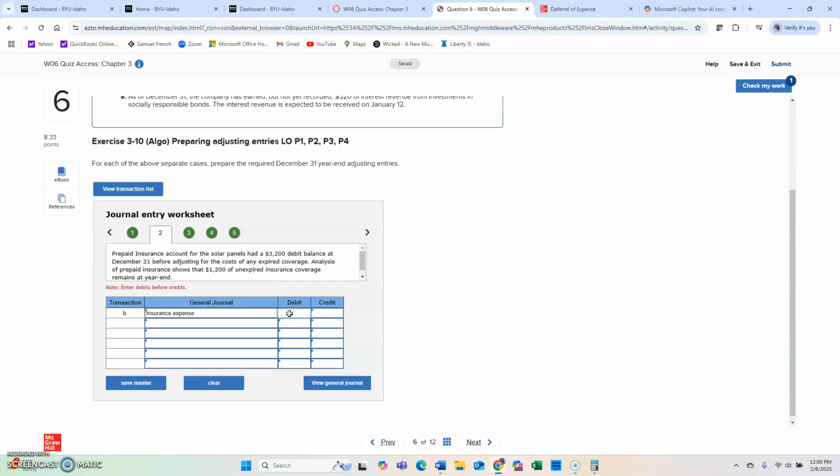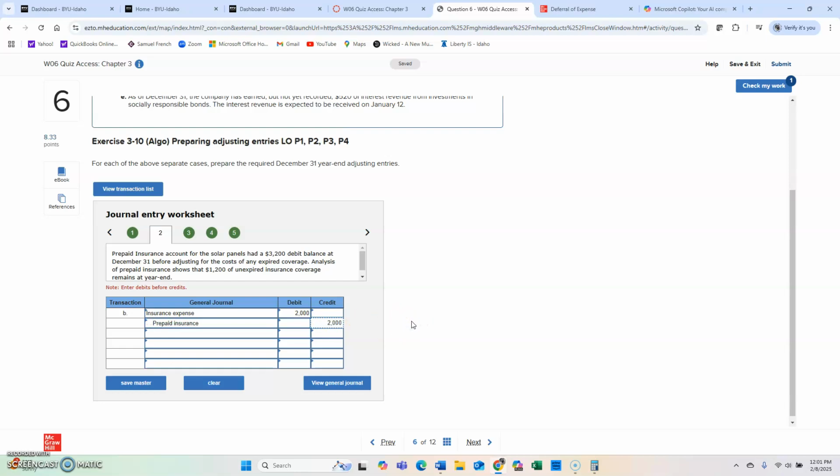And expenses, again, the normal balance is a debit, so we're going to put $2,000 here. And then we have to credit the prepaid insurance account, which is an asset, and we're going to put the $2,000 over here.